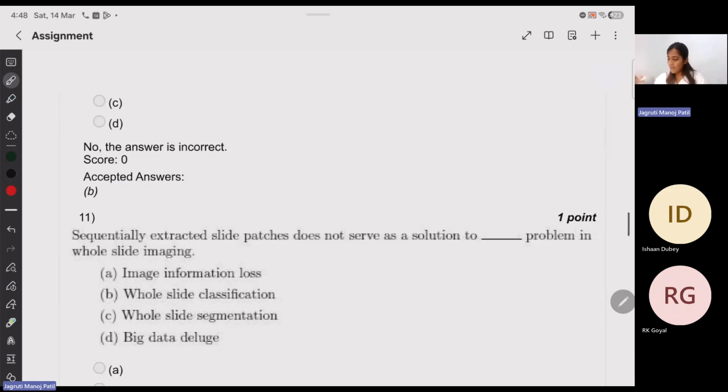Sequentially extracted slide patches do not serve as a solution to which problem in whole slide imaging? Do you have loss there, classification, segmentation, or big data deluge?